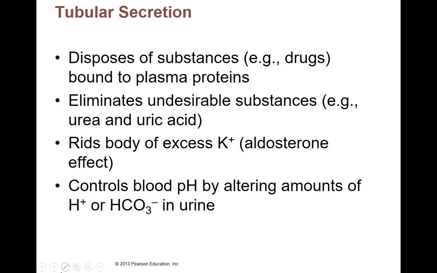Same thing if it starts to get closer to 7.55, it's too basic or too alkaline, we can secrete some of those bicarbonate ions. Bicarbonate ions are alkaline. If we get rid of them, we will lower our pH and become more acidic.